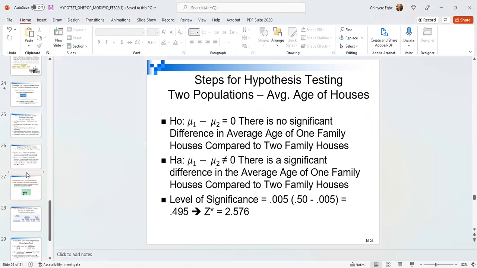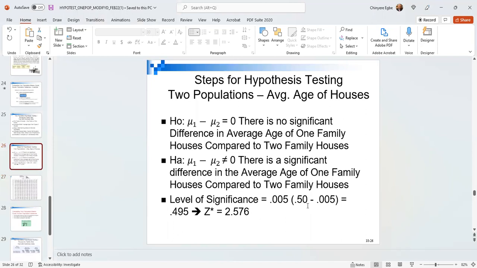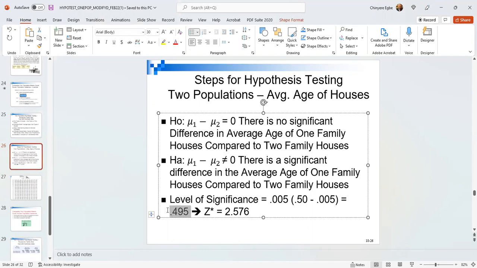And so, how do we know that the critical z-value is 2.576? I'm going to paste. All right, see what I just pasted? Okay, so now you remember we said that if you take 0.50 minus 0.005, which is your level of significance, what you get is 0.495. Am I correct? Okay.